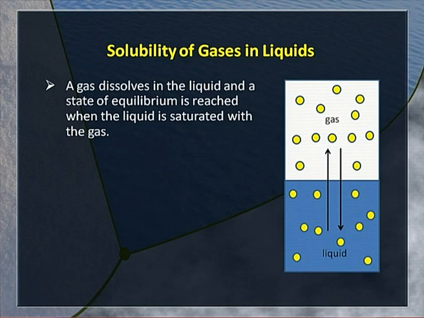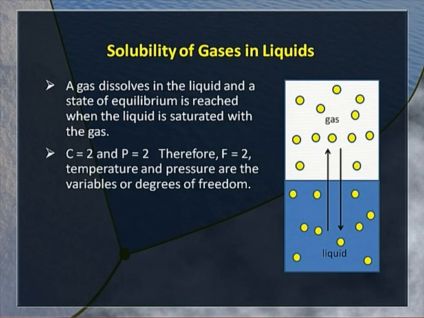If we apply phase rule to this system, we know that it's a two-component system. There are two phases in equilibrium. Therefore, from the phase rule equation, we get that F is equal to 2. Which are these two degrees of freedom? Of course, temperature and pressure.